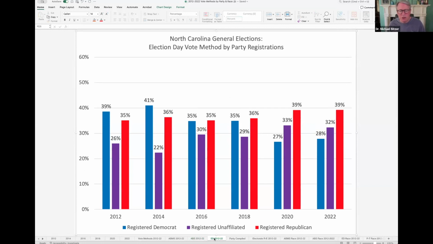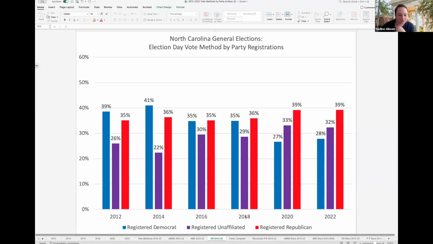Any general questions I can answer on any of these charts? This might be a more-work-for-you comment, but what do the raw numbers look like?